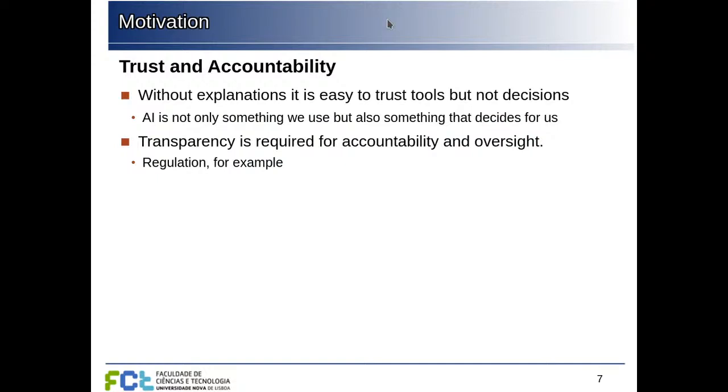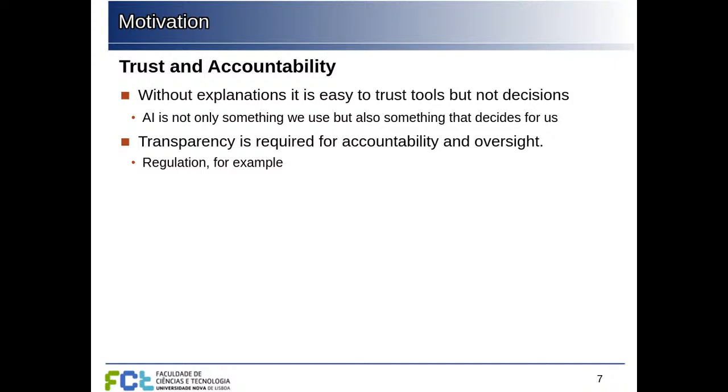Trust is also something that depends a lot on interpretation and explanations, because when we use some tool like a microwave oven or a motorized tool or something like that, a saw, we are making the decisions ourselves.